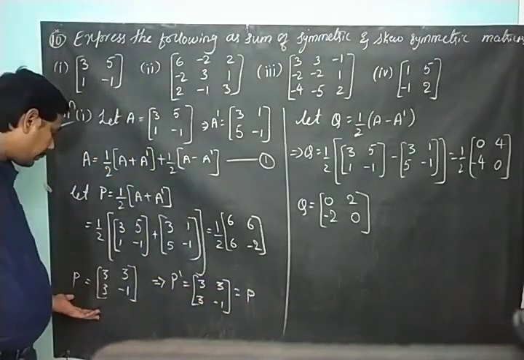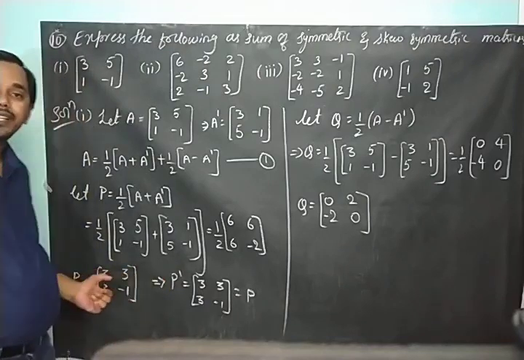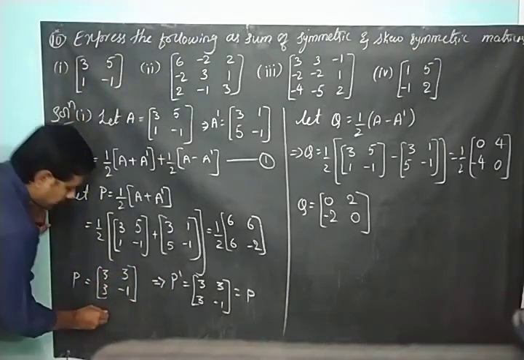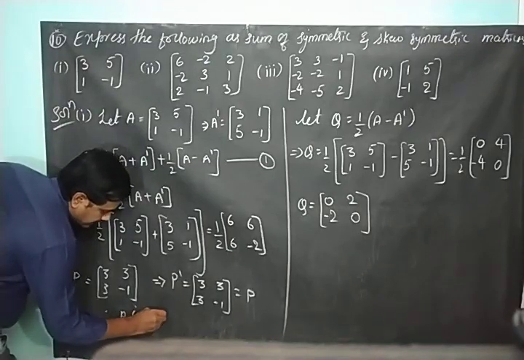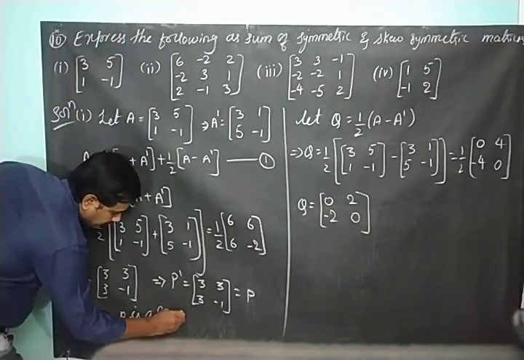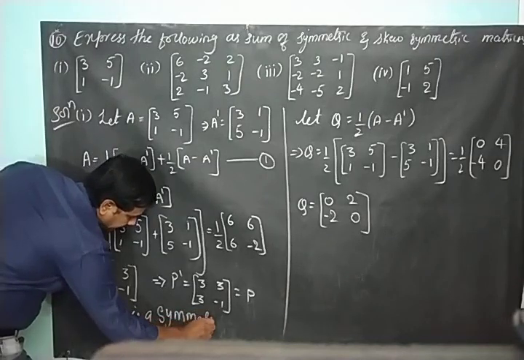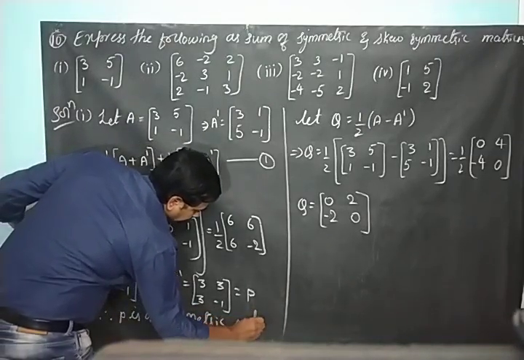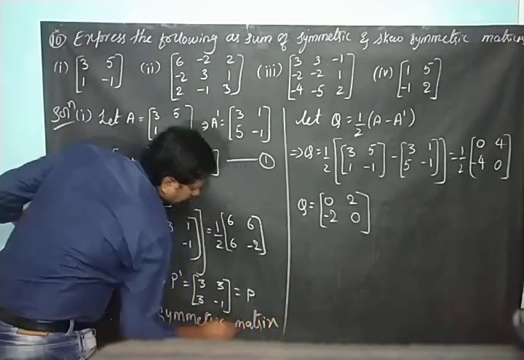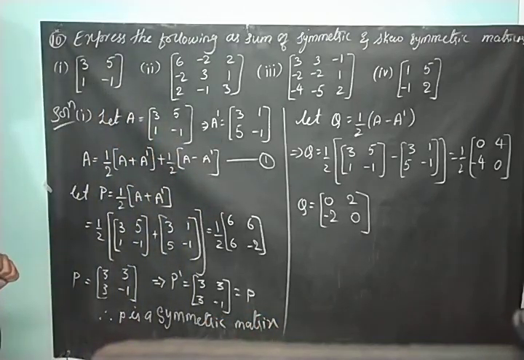So here P dash is equal to P. Therefore P is a symmetric matrix.